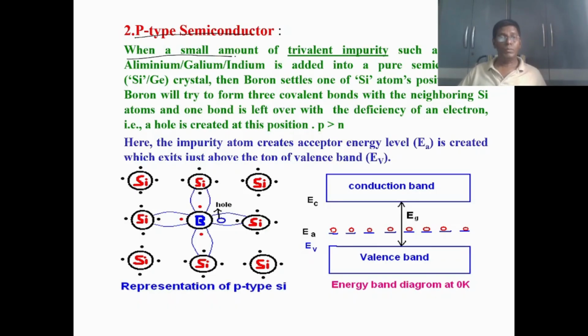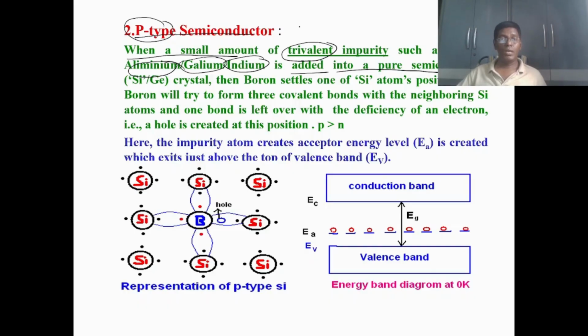When a small amount of trivalent impurity atoms such as boron, aluminum, gallium or indium are added or doped into the pure semiconductor crystal, then the resultant material is called a p-type semiconductor. Because of the addition of trivalent impurity into silicon or germanium, the following mechanism takes place.